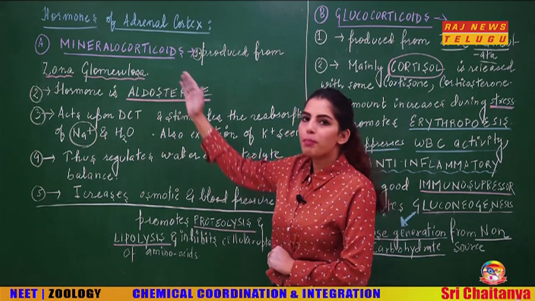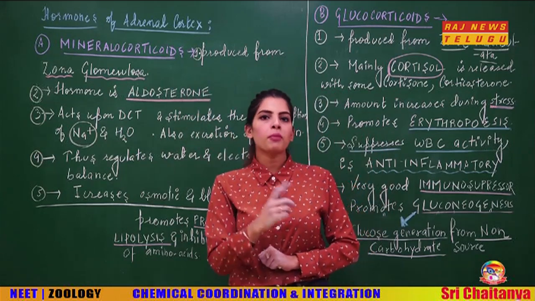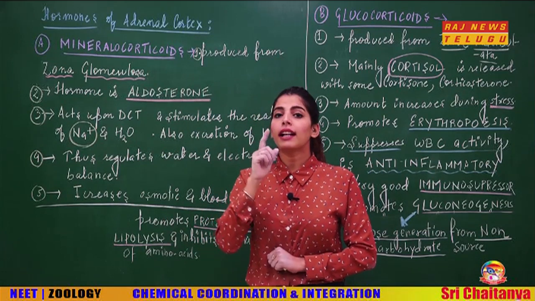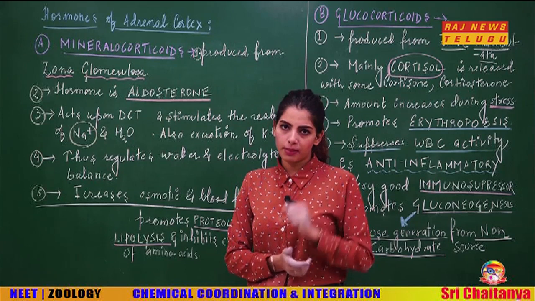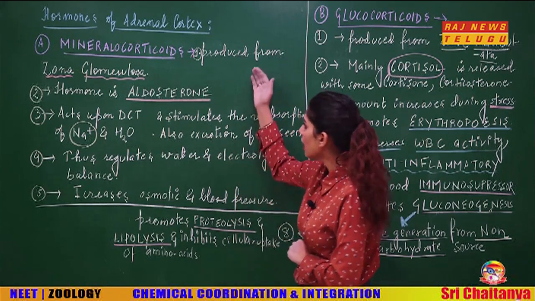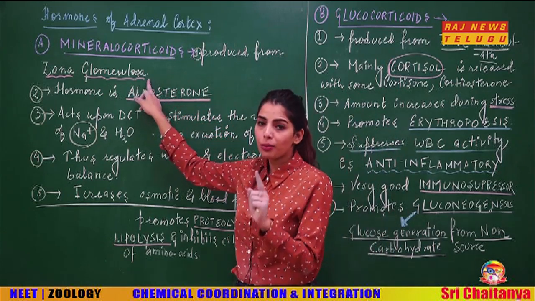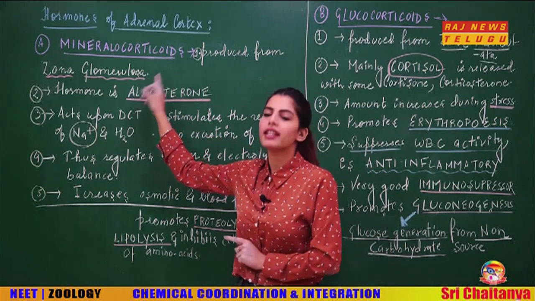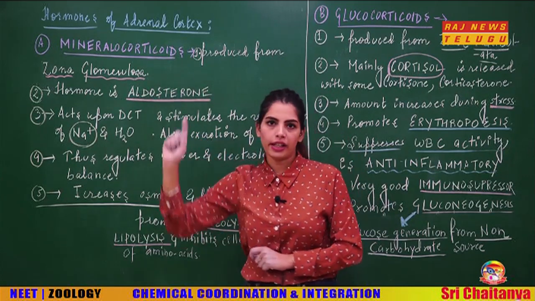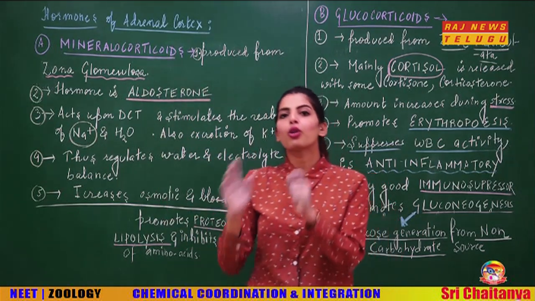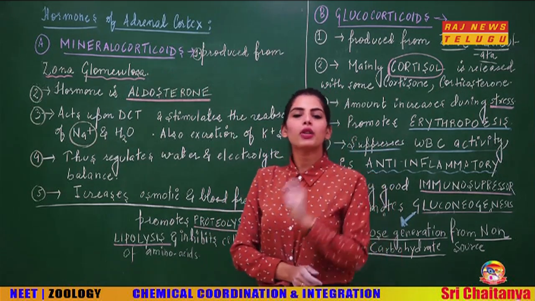The name is mineralocorticoid, and the number 1 point you will have to remember is which layer of the cortex is responsible for secretion of this mineralocorticoid. So the zona glomerulosa, the outermost layer of the adrenal cortex, is releasing this hormone mineralocorticoid. So the first point is clear, glomerulosa is producing the hormone mineralocorticoid.